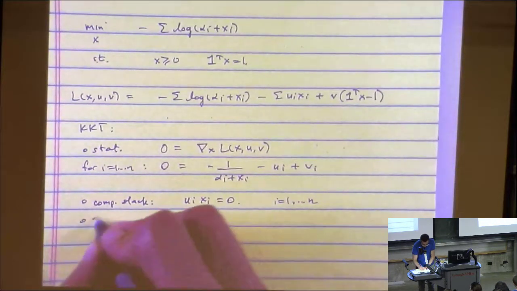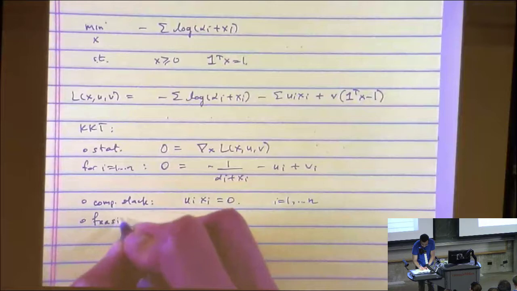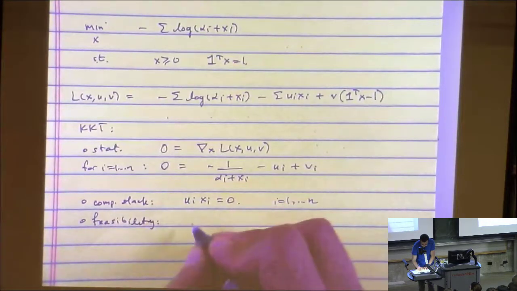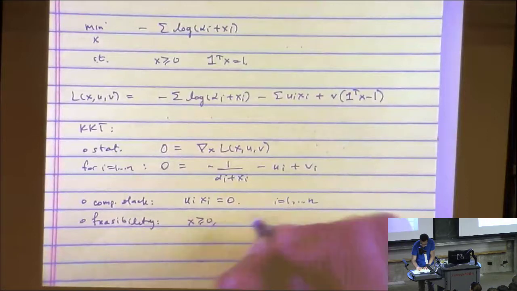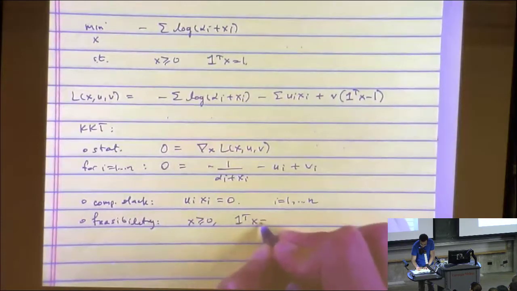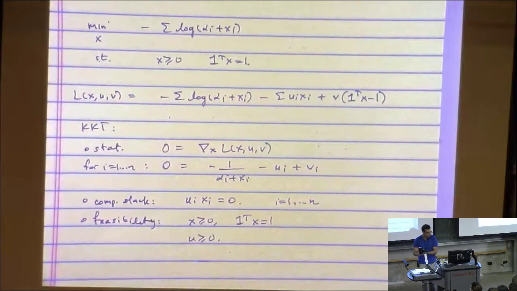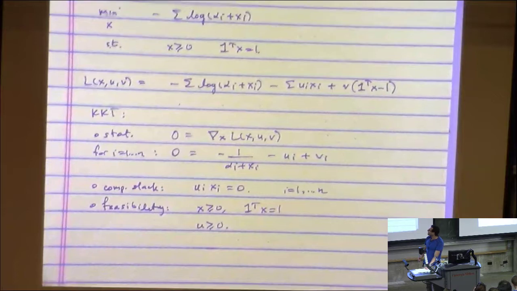And then feasibility is usually very easy. Just write down the constraints. x must be bigger than or equal to 0. Sum of the x's must be equal to 1. u must be bigger than or equal to 0. Okay, so this is our KKT system.